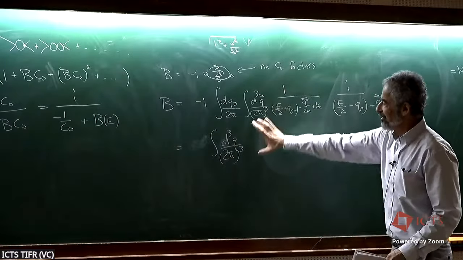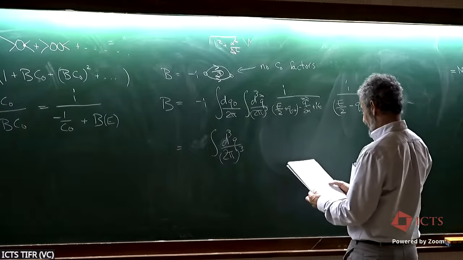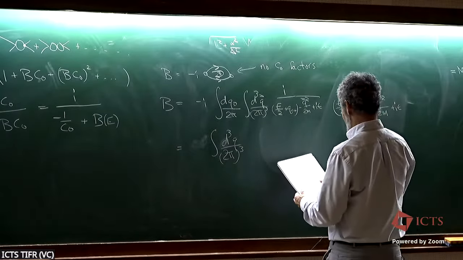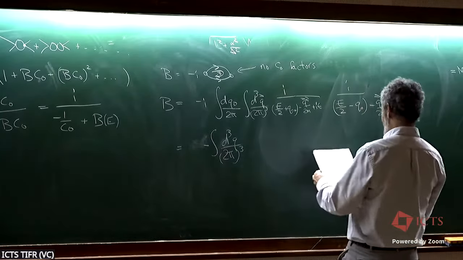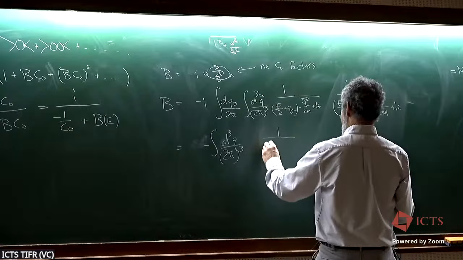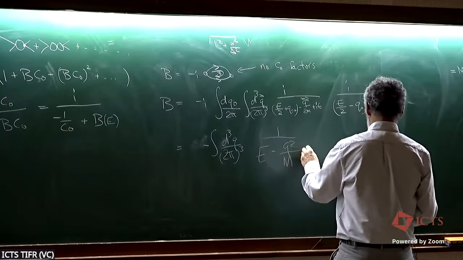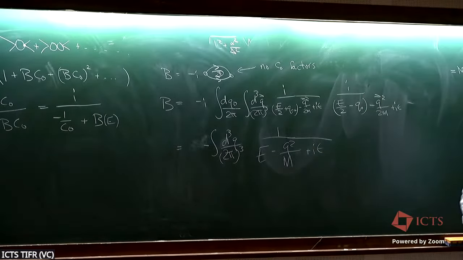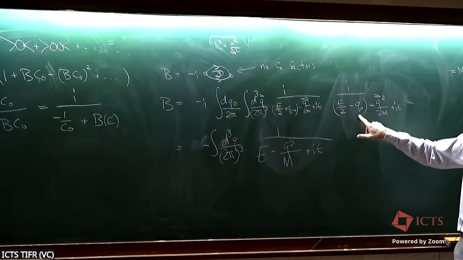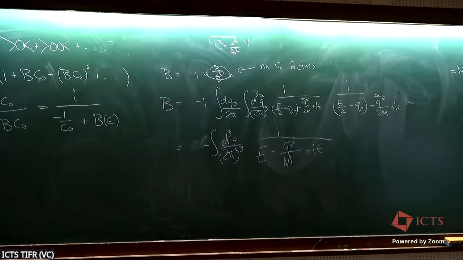I'm left with this integral, and somehow there's a minus sign. I don't remember why. You end up getting this, and it doesn't matter which way you close the contour, because you either pick up the pole from this propagator or from that propagator, and you get the same answer whichever way you close the contour.